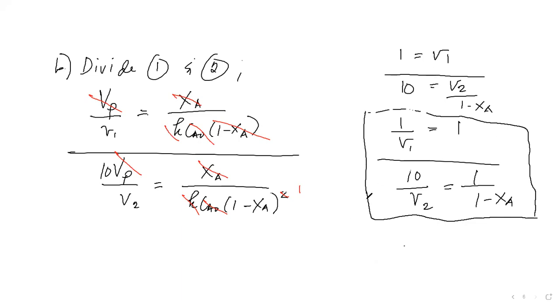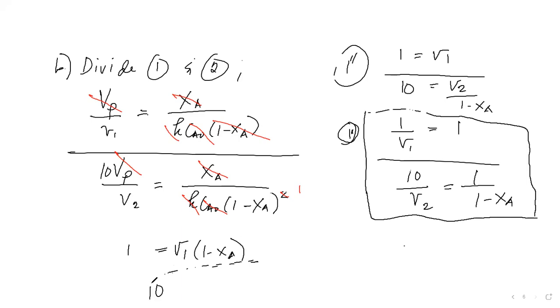So this is the first thing that we did, 1 prime. Then this is our 1 double prime. Here, I'll place the XA on top, so you will have V1 (1 minus XA) is equal to 1, and you will have 10, sorry class, equal to V2.